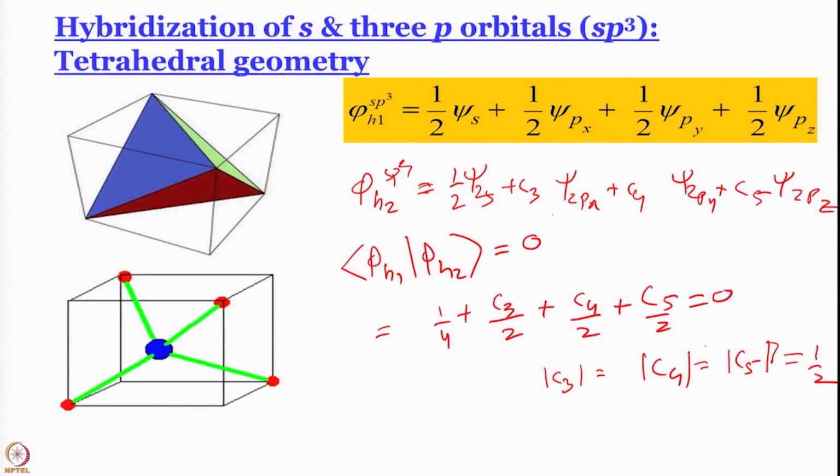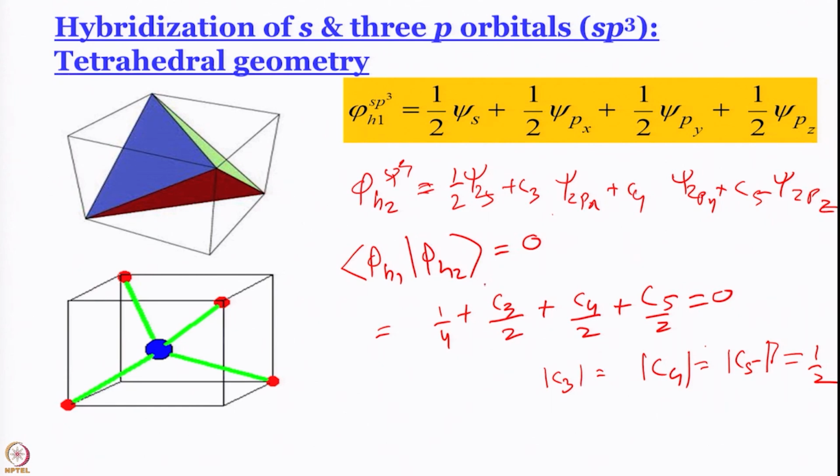How did I get this? Because when I do the multiplication, remember integral of say psi 2s psi 2p x over all space is equal to 0, right, they are orthogonal to each other. So, that is how we have got it, and then they are normalized also. And then remembering that actually these are all plus or minus half, what it means is that I have to put in 2 minus signs for this quantity to be equal to 0.